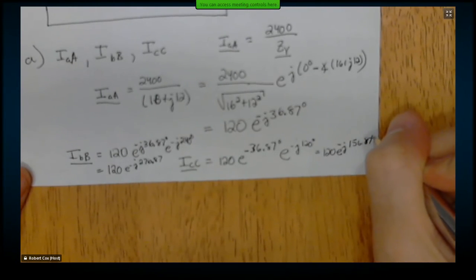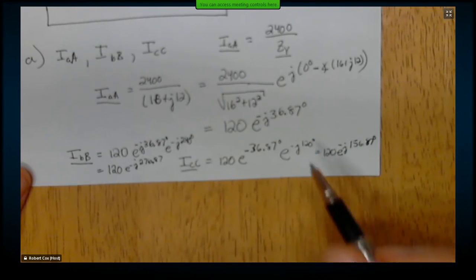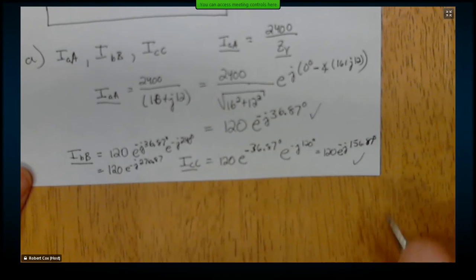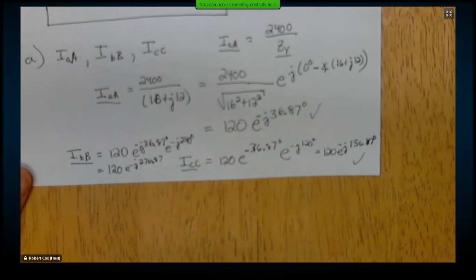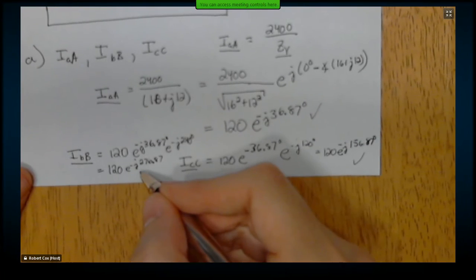Now, if I look at what the book has for solutions, this is correct, this is the same, but it's different for this one. They say it has an angle of 83.13 degrees. Yeah, that's the same thing, right? If I do 360 minus 276.87, I get 83.13.